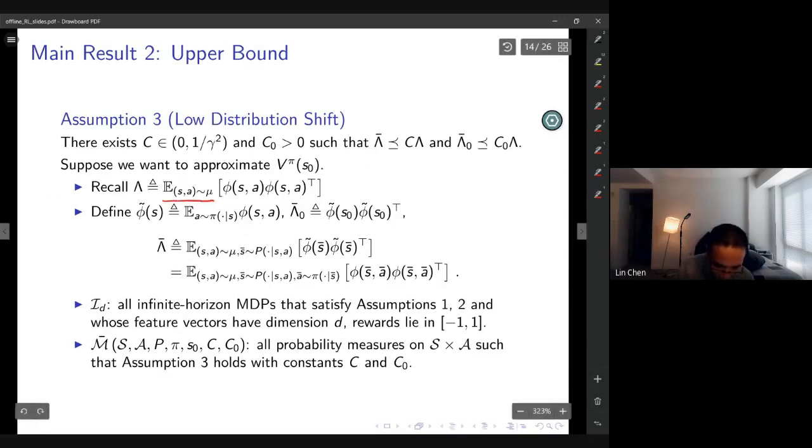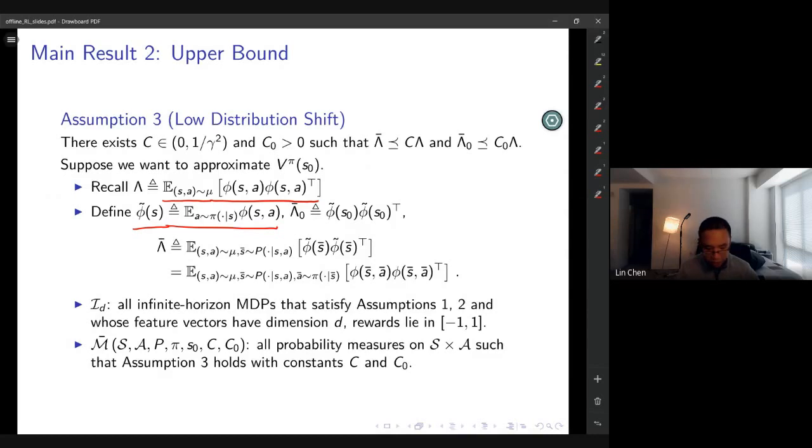Recall that the feature covariance matrix is defined by the expectation of phi phi transpose, and we define tilde phi to be the expectation of phi(S,A), the feature vector, where the expectation is taken over A given the policy pi.